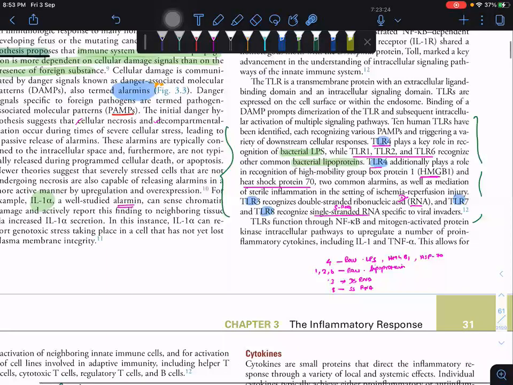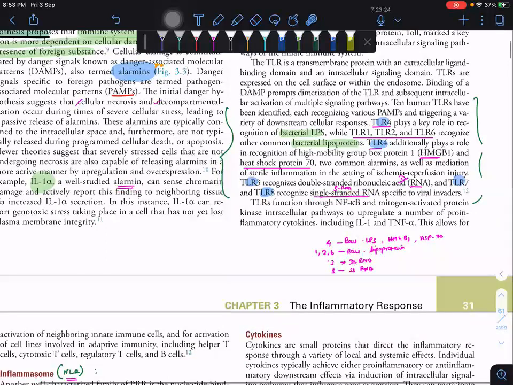Next, there are 10 human TLRs identified. Among them, what is the importance of each one? TLR4 has a key role in recognition of bacterial LPS, and TLR 1, 2, 6 recognize bacterial lipoproteins. So lipopolysaccharide is identified by TLR4, and 1, 2, 6 identify lipoproteins.